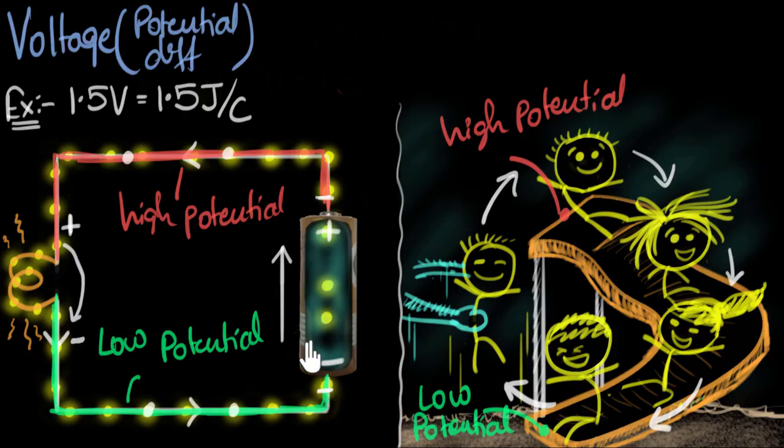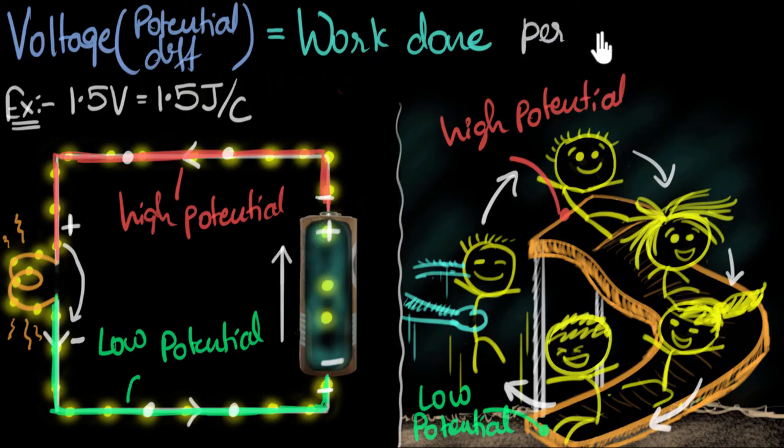So over here, we can say the battery is doing 1.5 joules of work per coulomb that it transfers, right? And so from this, we can now say voltage also tells us how much work is being done. Work is being done in transferring charges from one point to another per coulomb. Per coulomb. That's it.